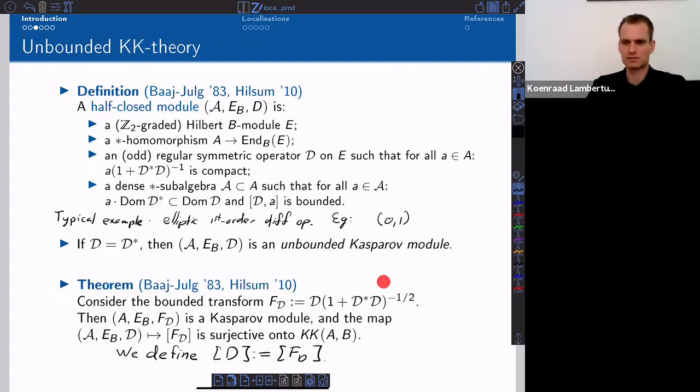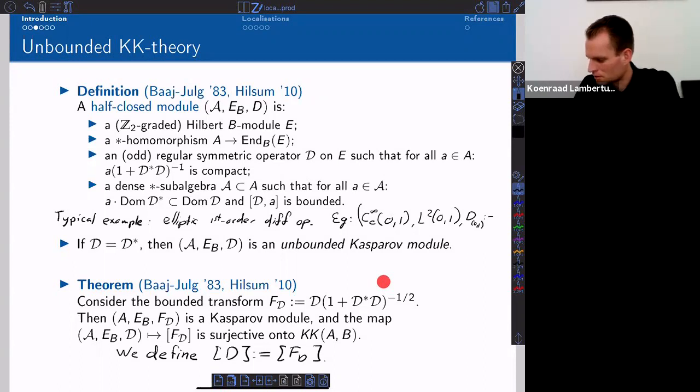So consider the open unit interval. So the C-star algebra A is then just continuous functions on this interval which vanish on the boundary. We consider a dense subalgebra of compactly supported functions which are smooth. So this is a dense subalgebra. This acts on the Hilbert space of L2 functions on the unit interval. And then we have our operator on the unit interval, which we take to be just the usual derivative operator.